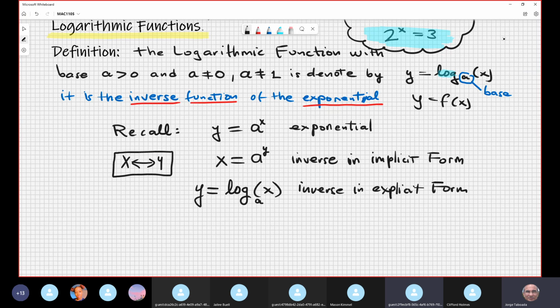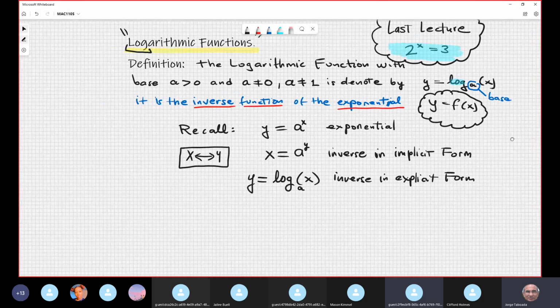This is similar to function notation, but this is a special function and has a special name, log, the first three letters of the logarithmic function. Okay? This is a definition, but professor, I don't understand anything. What is the interpretation of this?